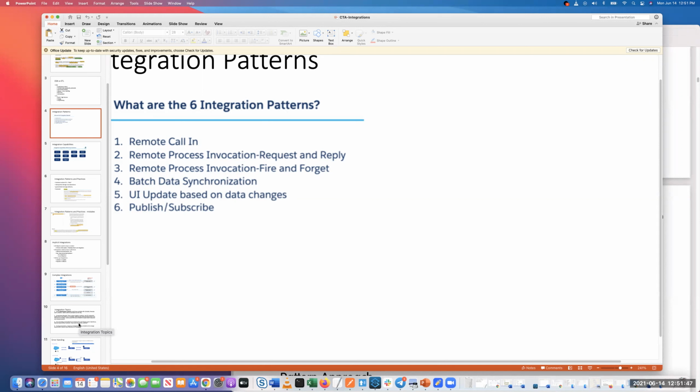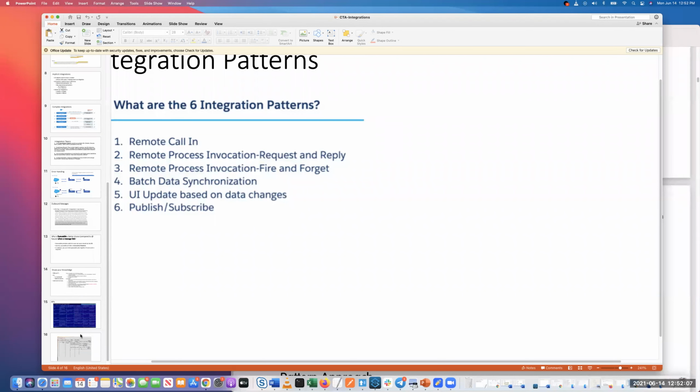Still, you would call it remote process invocation, fire and forget, asynchronous. Because you're using a platform event, the starting point is always fire and forget. If you're getting updates subsequently, I would call it a remote call-in. That's only my opinion, I used that in my review board.